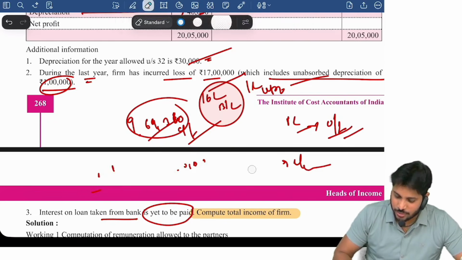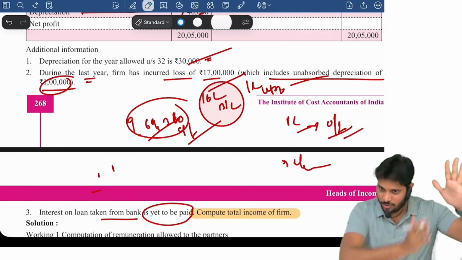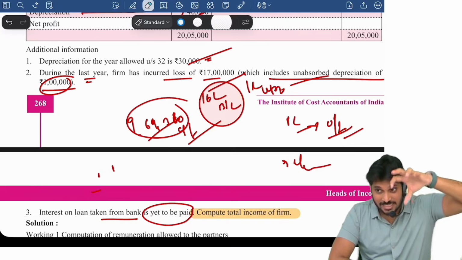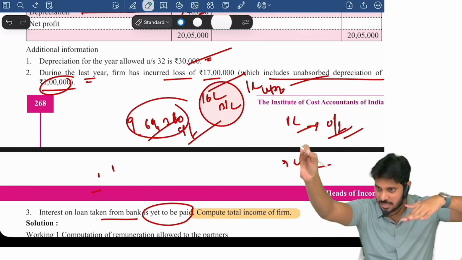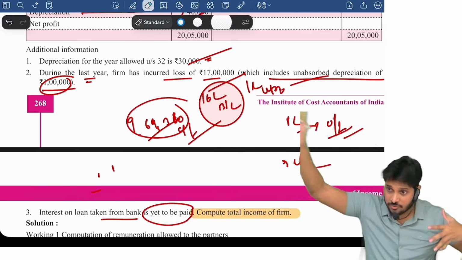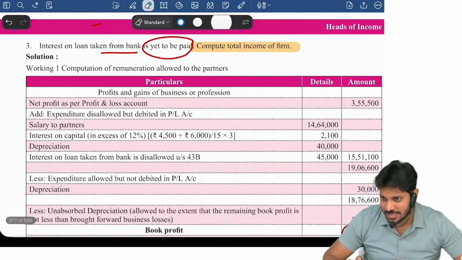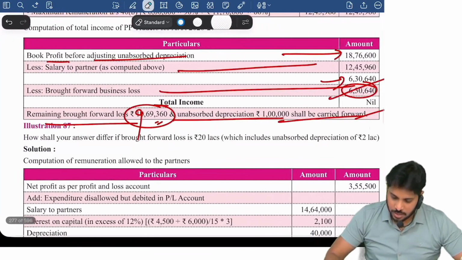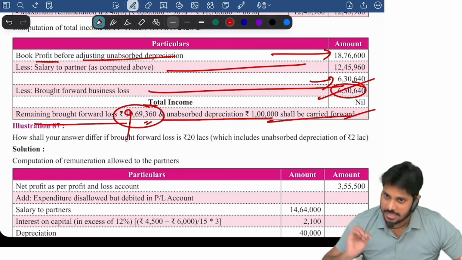Current year depreciation you can claim because we have enough profit, so current year depreciation is absorbed fully. Still we have 6,30,000 business profit. Brought forward business loss we set off. Then 9,69,000 will be the remaining business loss which will be carried forward. Brought forward depreciation 1 lakh, you don't have profit, so again carry forward. Able to understand? This is a very fantastic problem which we already did in our CA Inter also, TYK 12.